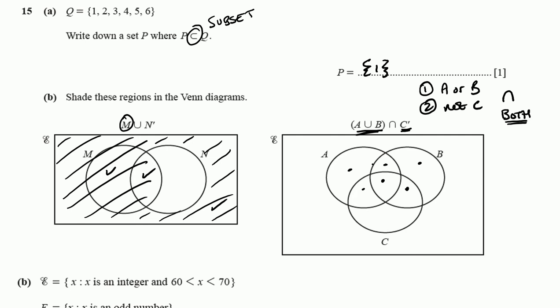However, I must also satisfy the condition that I'm not in C. So these 6 areas that I've looked at over here have to be put through the second test, which is that I'm not in C. That leaves me with these 3 regions over here. These get discarded because they're in C, and so my shading would just be in these areas over there. So I can go through the whole Venn diagram as I've shown before, but as we start to get more confident, we can be a little bit more selective, a little bit more targeted.